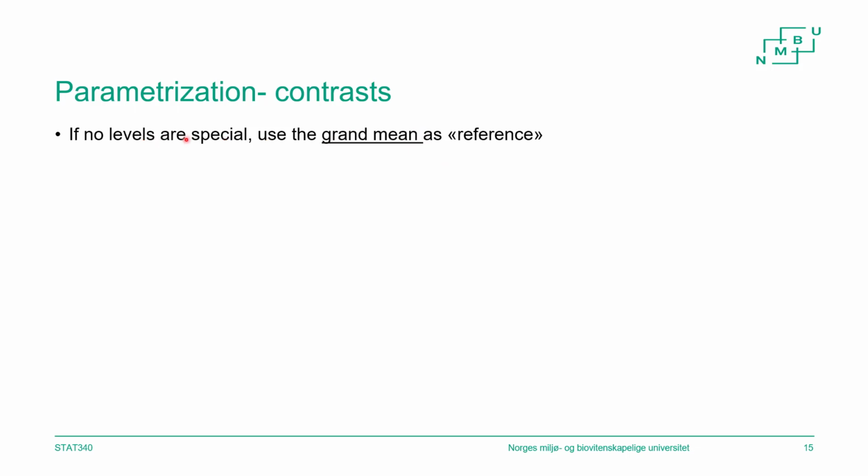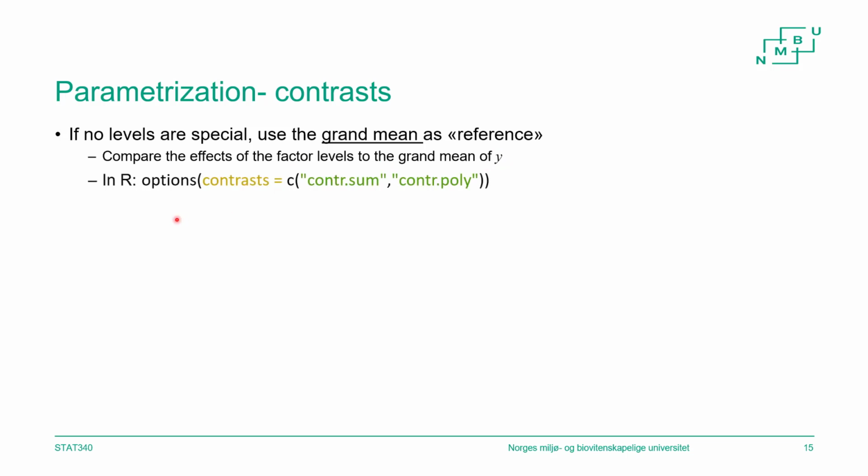So none of the levels are special, but the average of everything is the reference that we compare against. So the response under each factor level is then compared to this grand mean. And if you want this type of comparison, you set the same options to contr.sum instead of contr.treatment.